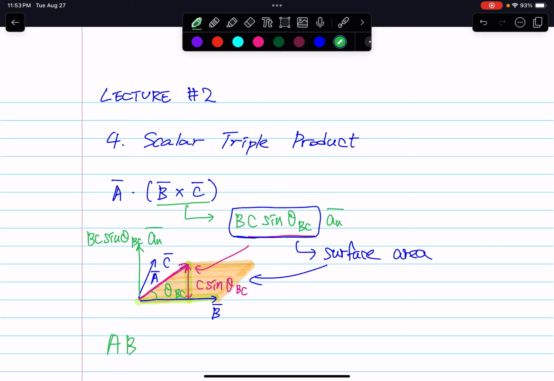So it'll be BC sine theta BC times cosine, let's call this angle pi.